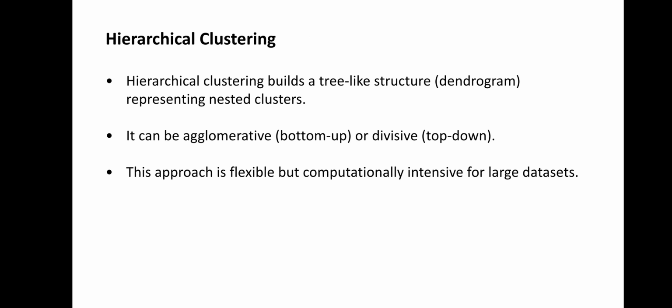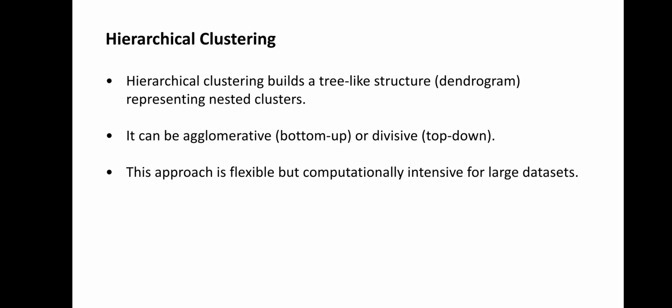And then the hierarchical clustering. These are basically all the types of clustering we have to know so that we can get a clear picture of the topic. Hierarchical clustering builds a tree-like structure called a dendrogram, which represents nested clusters.